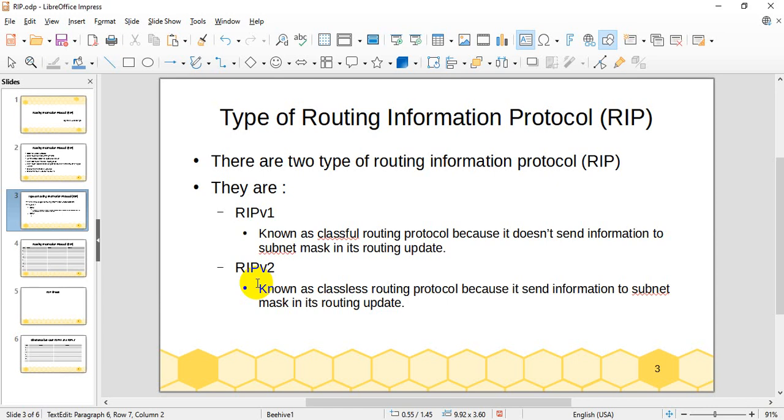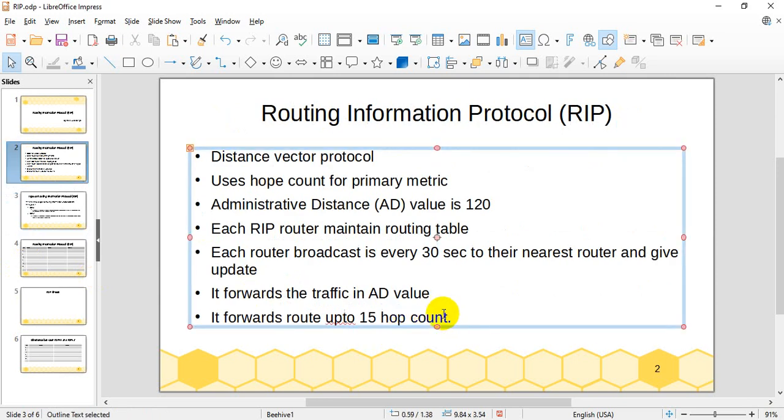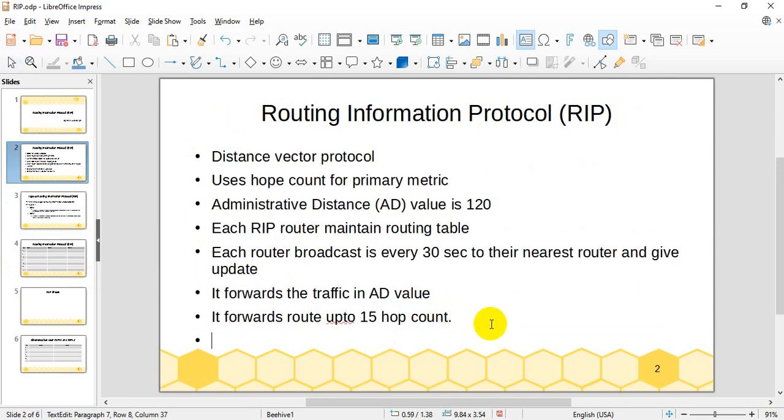And one thing I forgot to tell you, there is also one thing I would like to add: Routing Information Protocol is an application layer protocol.